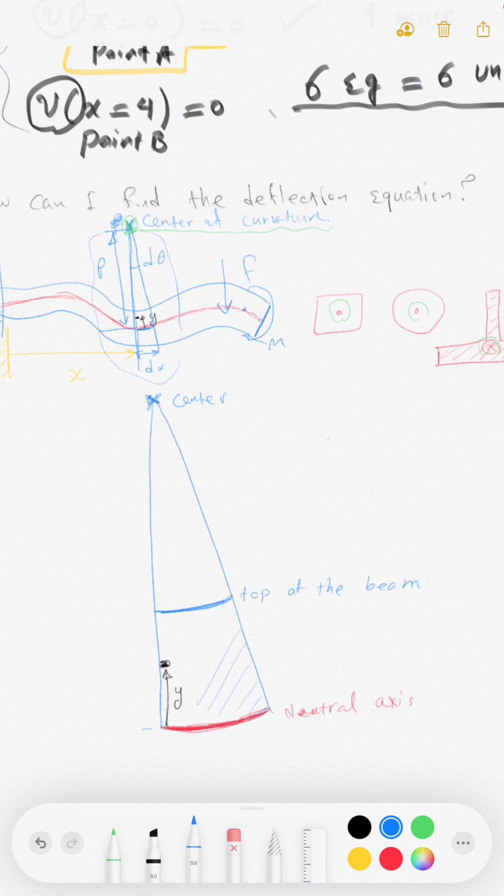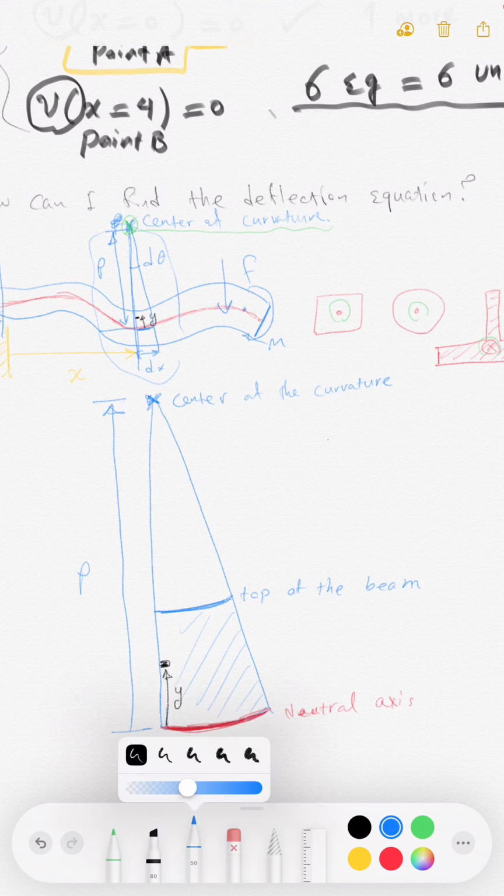This is half the way of the beam, right? The center of the curvature. All right. And also from here to here is rho. So rho, y, and everything I need.